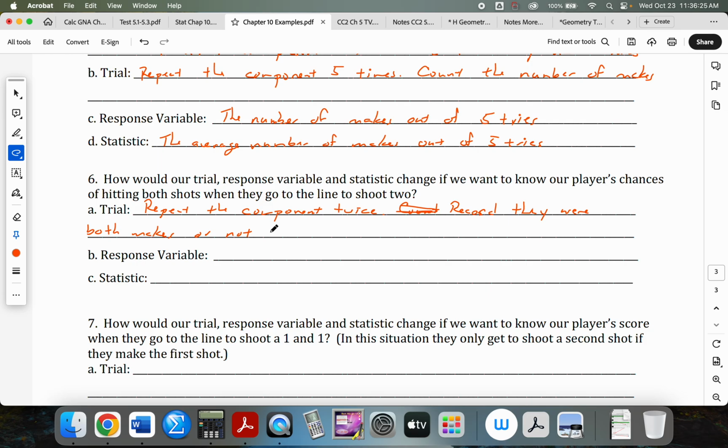And that's a trial. The trial is just the component twice.